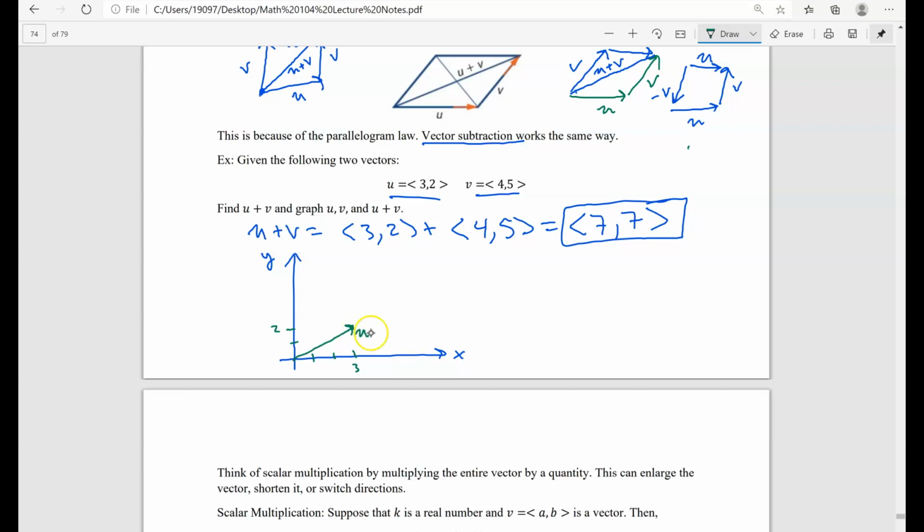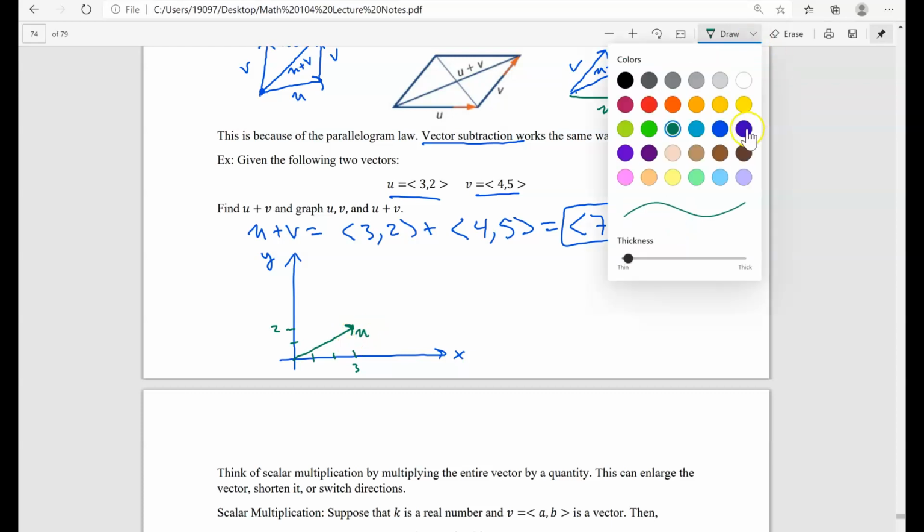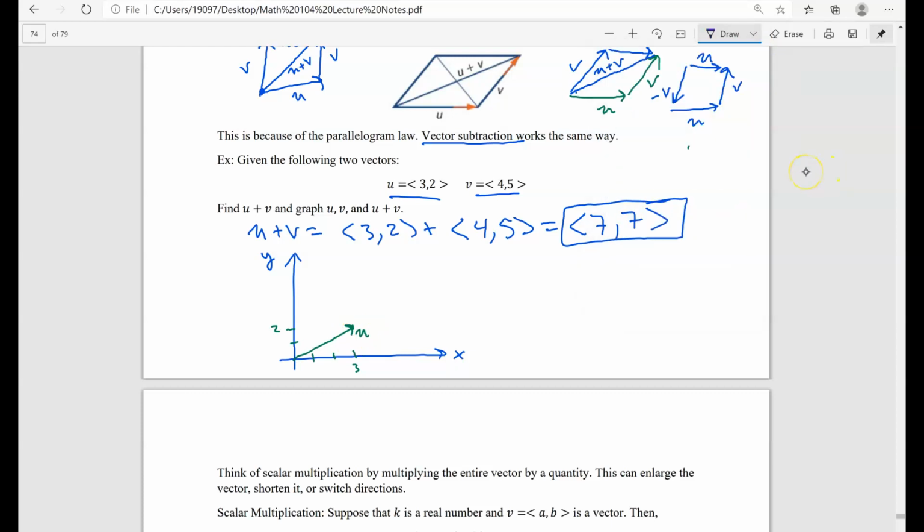Okay, so this is vector u. Now what I'm going to do is graph in purple vector v. So vector v is 4 over and 5 up. Okay, so this guy right here is going to be my vector v.